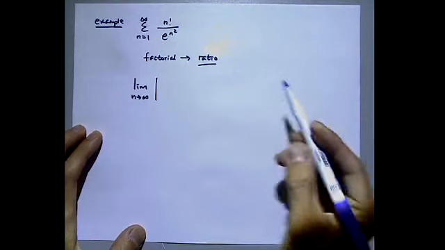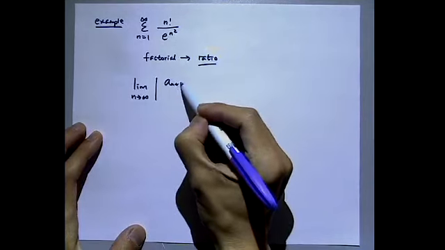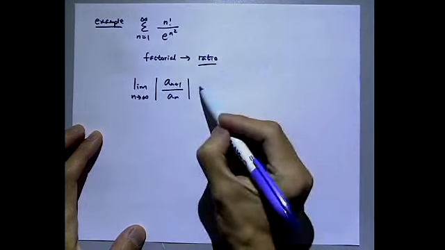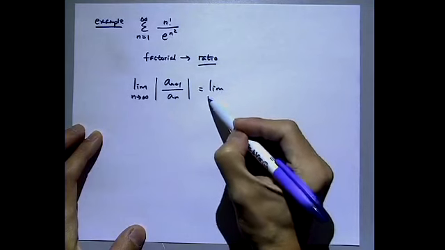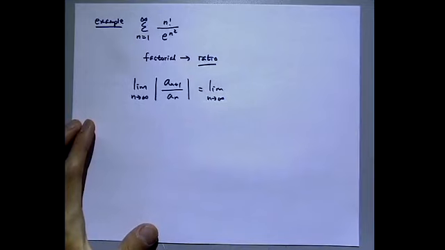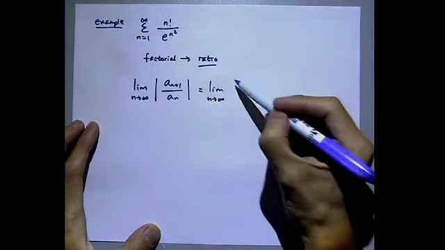Alrighty, so we do this. Oh, by the way, what would happen if you apply ratio test to a P series? Think about it, 1 over n to the P. If you apply ratio test to that, we'll look at it after this thing here. So anyway, what are we doing here?